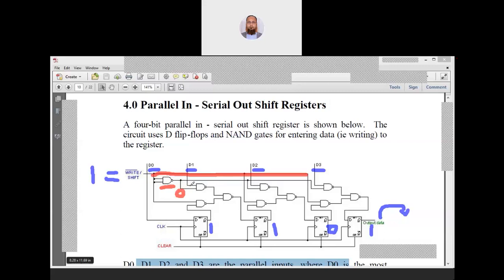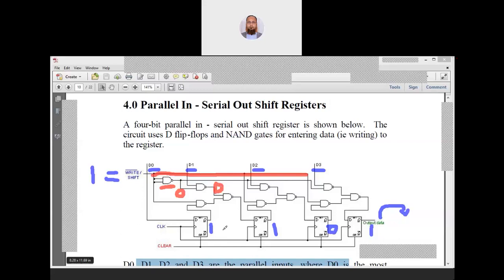So this is 0 and the input is D1. What will be the output here? Sorry, the output will be 0 here, because 0 and D1 complement will give us 0 only.